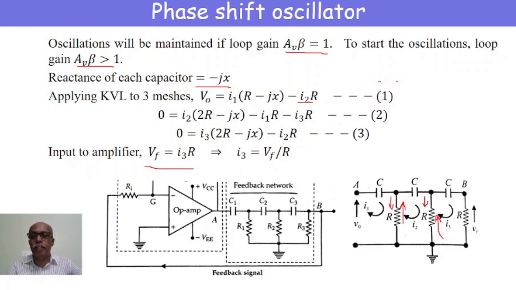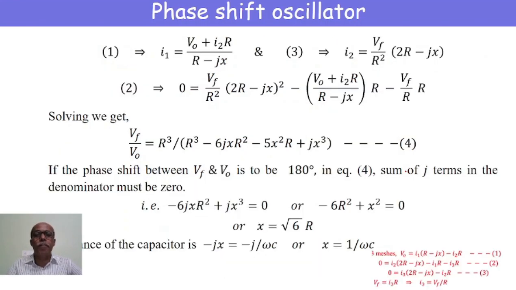Now, making use of these 4 relations, let us simplify in order to get the final expression. So from equation 1, you can see at the bottom in red color, this is equation 1. Rewriting equation 1, we get I1 equals (V0 plus I2R) divided by (R minus jX).